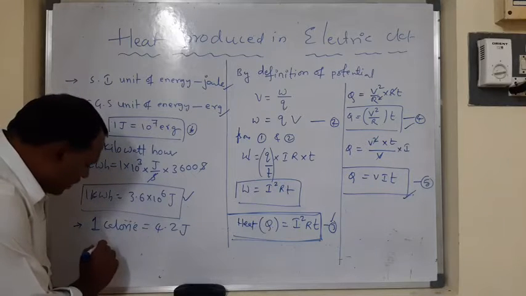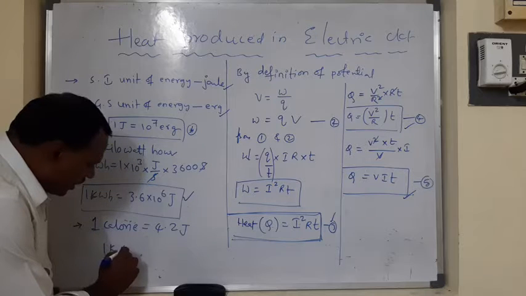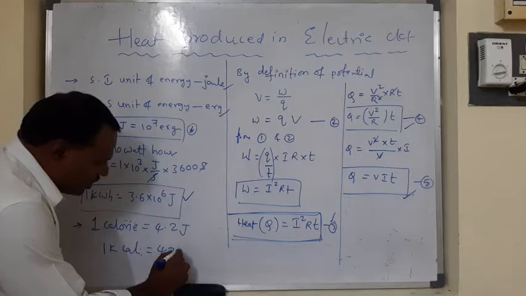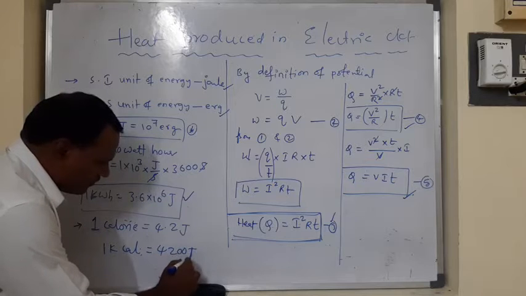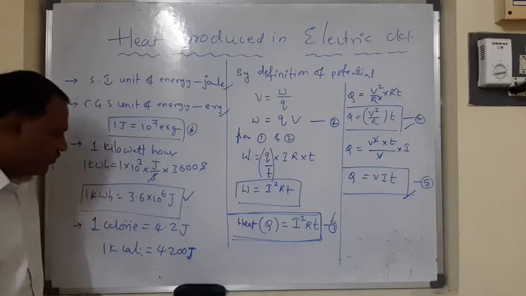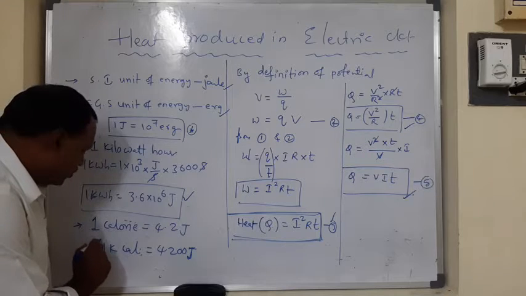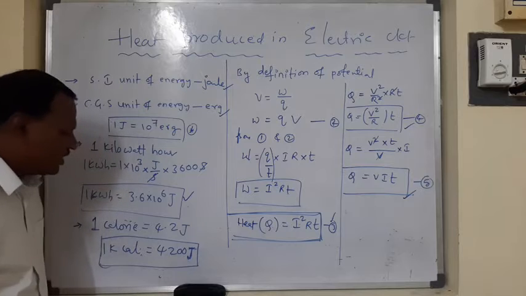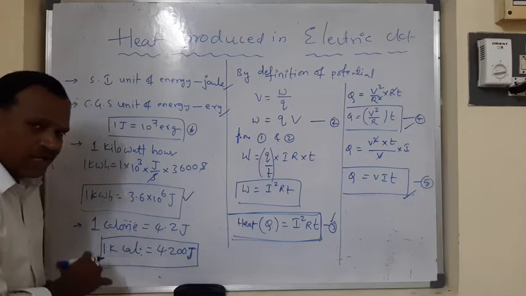Or you want to write 1 kilocalorie, so there you can write it is 4200 joule. 1 kilocalorie is equal to 4200 joule. So this is used to convert calorie into joules, energy conversions.